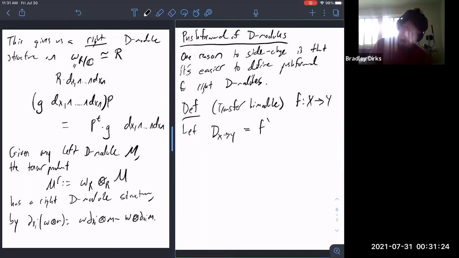This is just going to be the pullback as O_X modules of the differential operators downstairs. So this is a morphism of varieties. The X is on the left, so it's a D_X, f inverse D_Y bimodule.